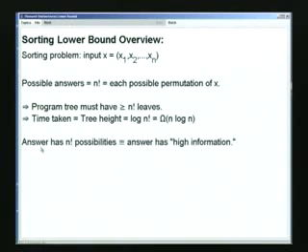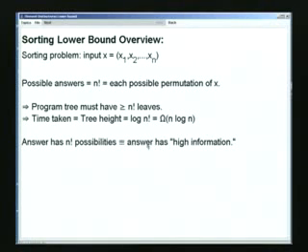This idea that there are n factorial different answers can, in the language of information theory, be expressed as saying that the answer has high information. Whatever we are going to print out as the answer, if you think of it as a variable, has a very high information content.